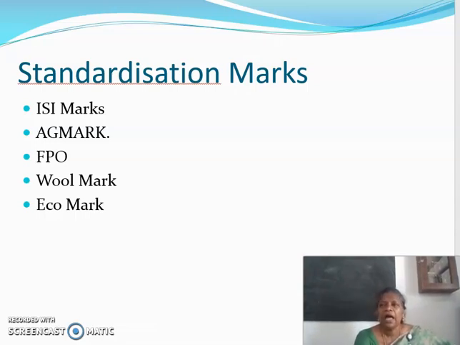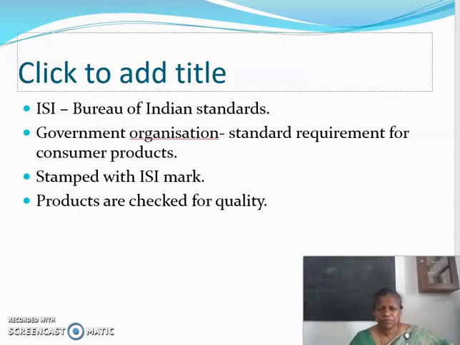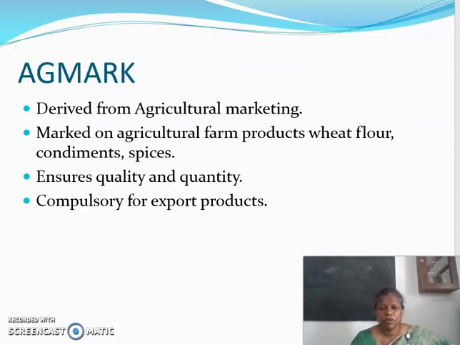Food product order is for all products that come in a container. Wool mark is for woolen clothes, and eco mark is given nowadays for products that are eco-friendly. Okay, so we can move on.